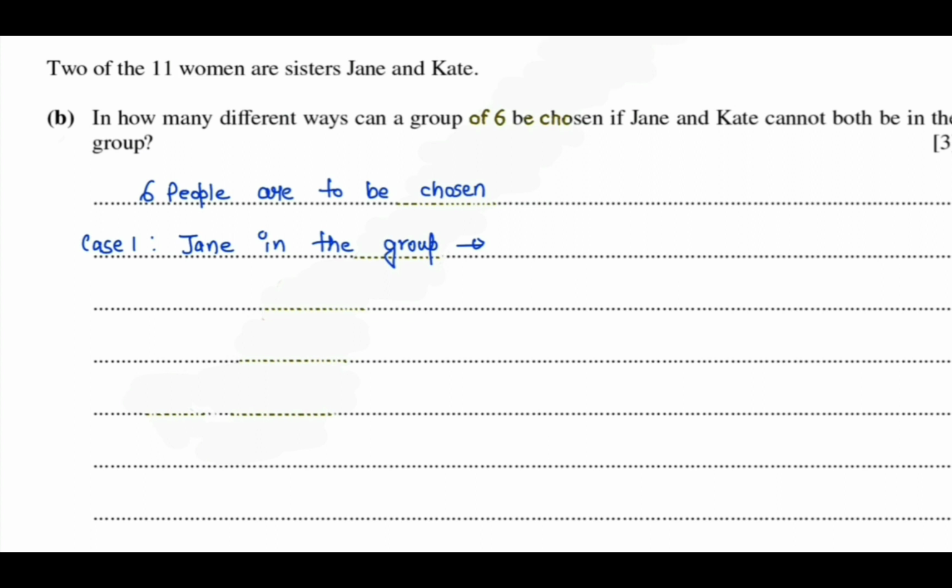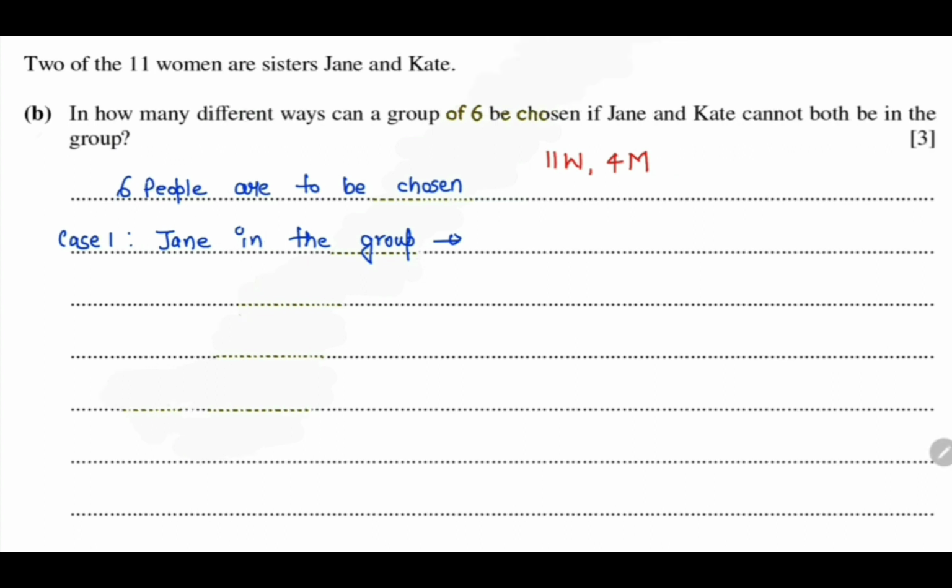So 6 people are chosen out of 11 women and, I think, 4 men. Either Jane is in the group or Kate is in the group, or neither Jane nor Kate is in the group. So there are three cases.